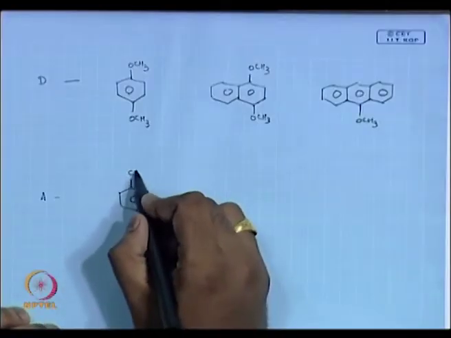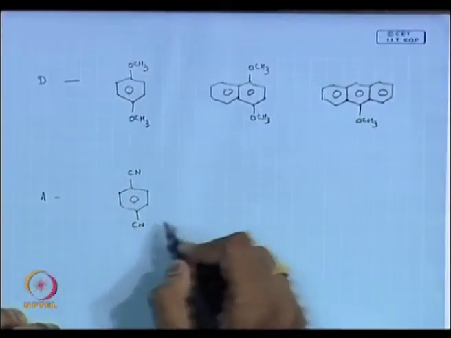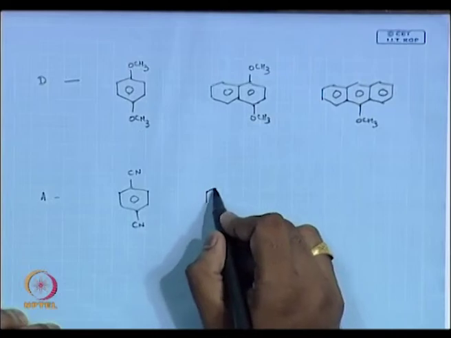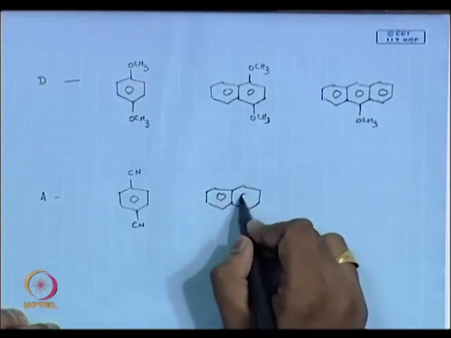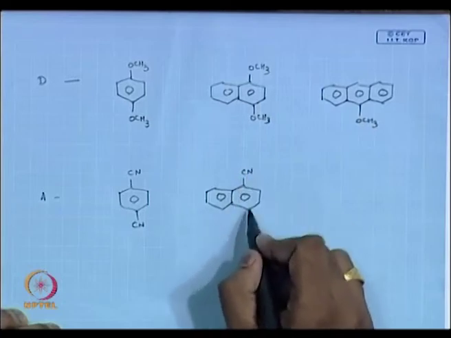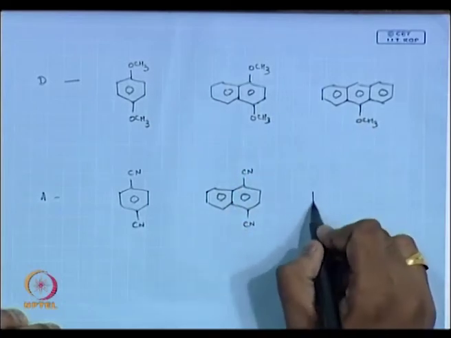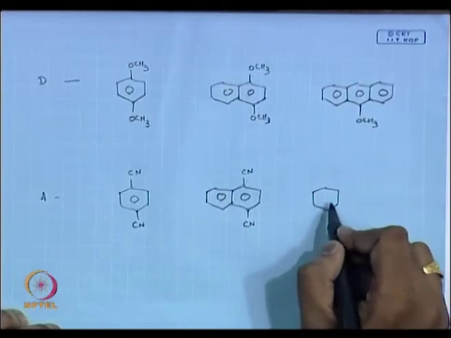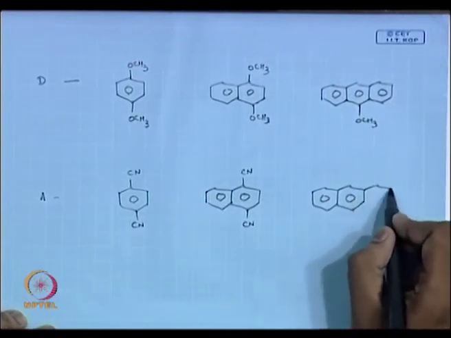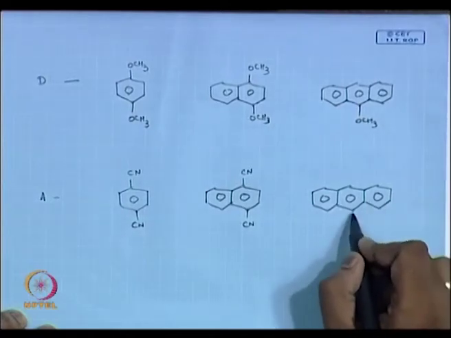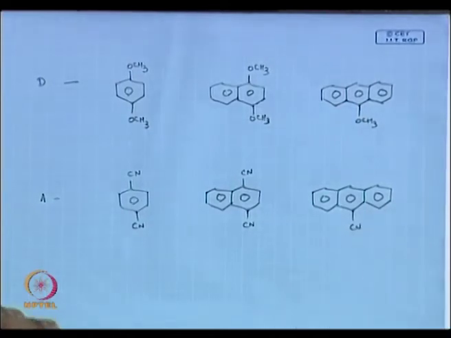So, people try to use cyano. This 9-cyanoanthracene is used a lot for photochemistry.